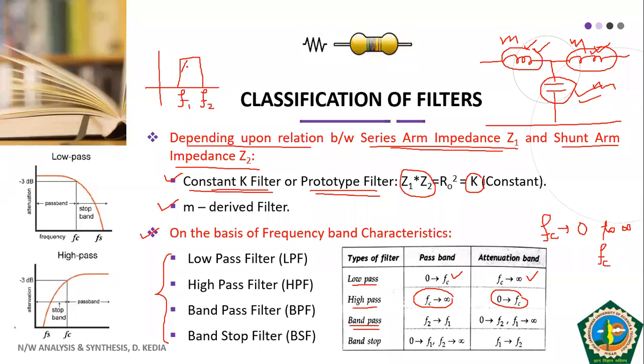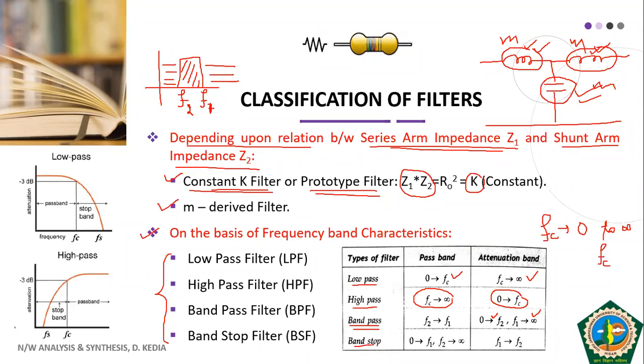A band pass filter passes frequencies between f1 and f2, and the frequencies from 0 to f1 and greater than f2 are rejected by the band pass filter. From 0 to f1 comes under the attenuation band, and from f2 to infinity comes under the attenuation band. Here f1 is the lower frequency and f2 is the higher frequency.